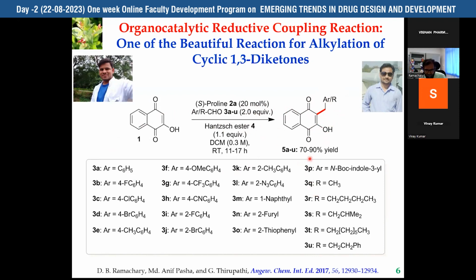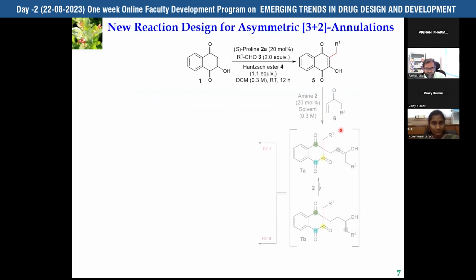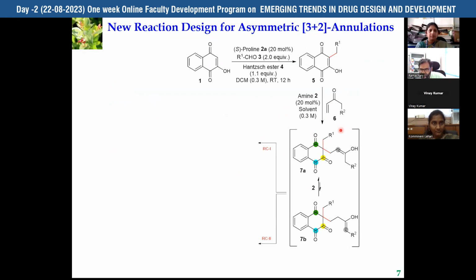Once this library is in hand, then we try to... I hope you people might have seen the Robinson annulation reaction. You may be teaching it in organic chemistry. In the Robinson annulation reaction, normally this ketone won't be there.